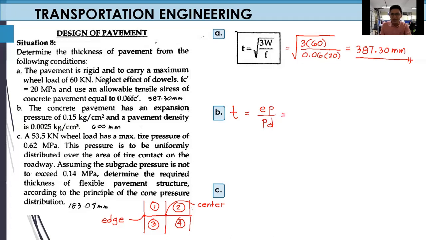It's that easy. Just divide the two. So we put 0.15 kilograms per centimeter square, with units so we can unit check, then pavement density 0.0025 kilogram per centimeter cube. Using our calculator, units cancel out and one centimeter remains, going to the top.